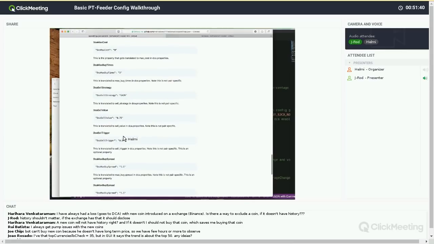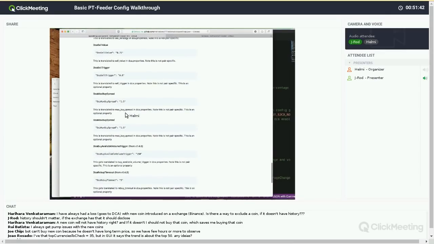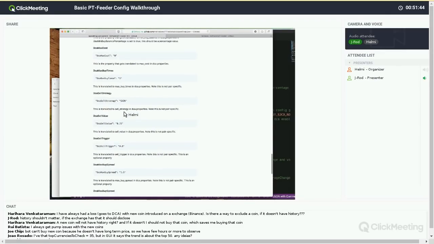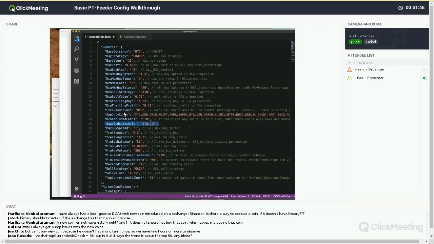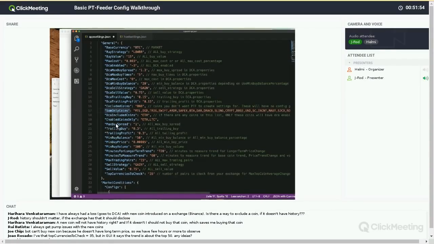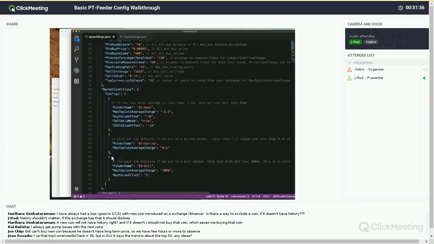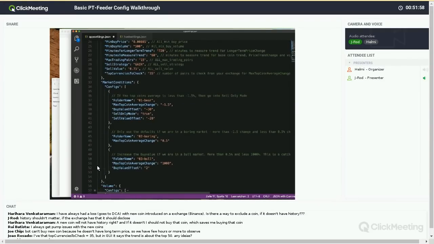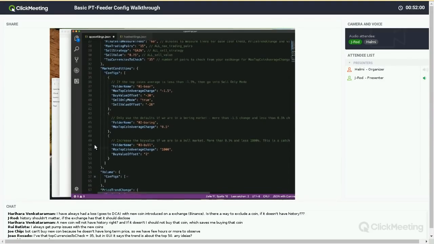So the general section, as Jared said in the beginning, is kind of your base layout, your base values for everything. The calculation actually happens based on all these values and on what is happening in the market. And this is where the market conditions come in.